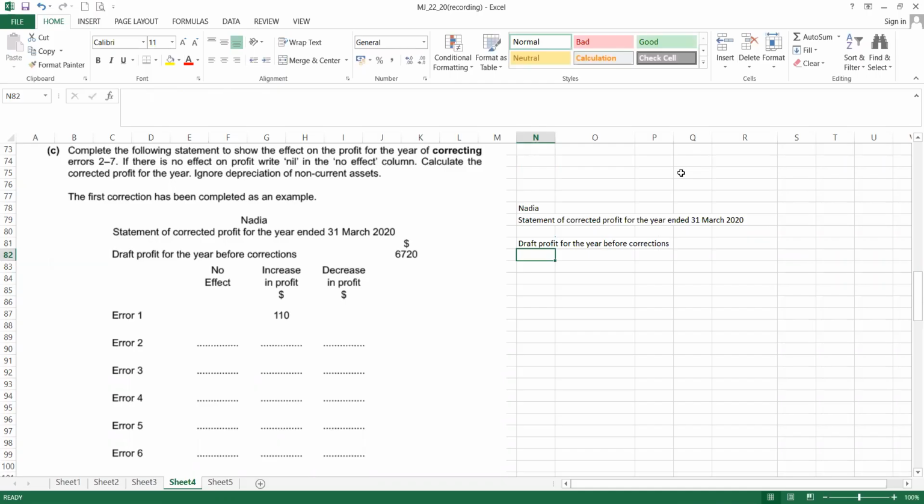Then here, no effect. This one, increase in profit, decrease in profit. Okay, this is the amount 6720, and then here the given amounts.